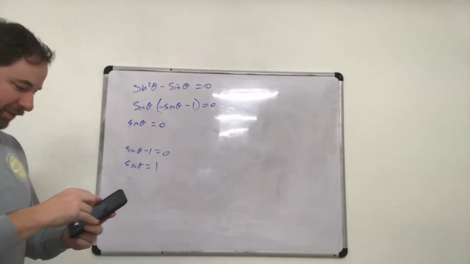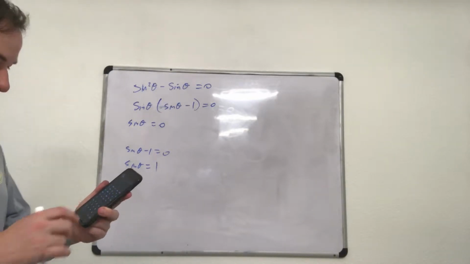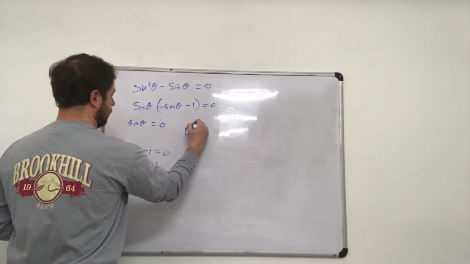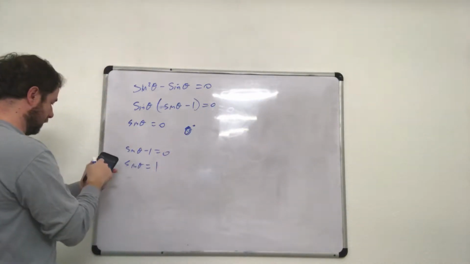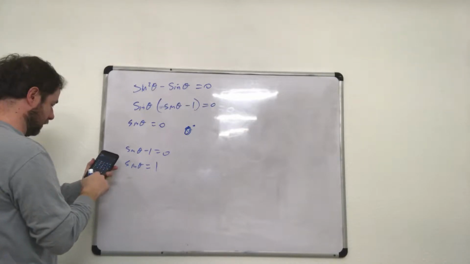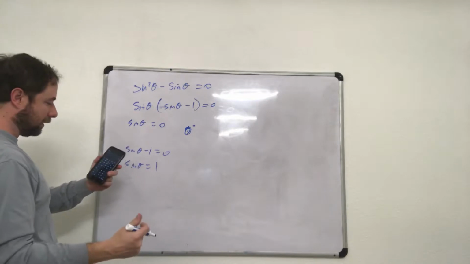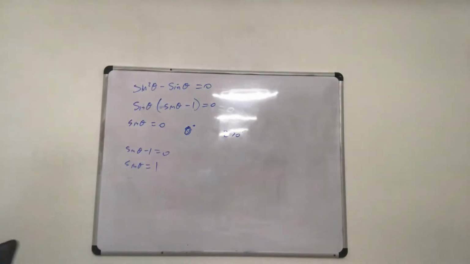Same thing, because you have a side, you're going to put in sine negative 1 of 0. Well, the answer to this one is going to be 0 degrees. And then on this other one, when does sine theta equal negative 1? Well, you're going to get negative 90, which is the same as 270 degrees.